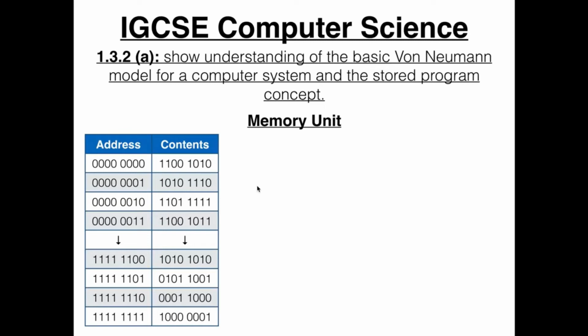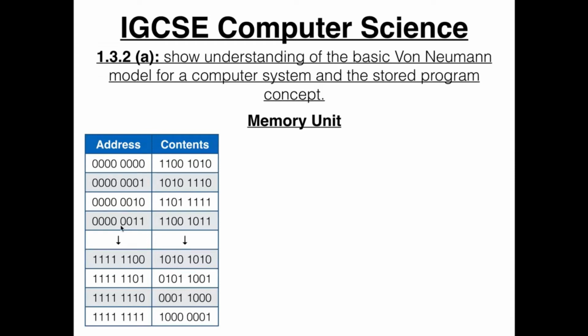Keep in mind that the CPU has quite a number of addresses. This is just to illustrate how locations and contents work. The addresses in the CPU, first of all, we'd have a lot more, and second of all, they wouldn't all be 8-bit.